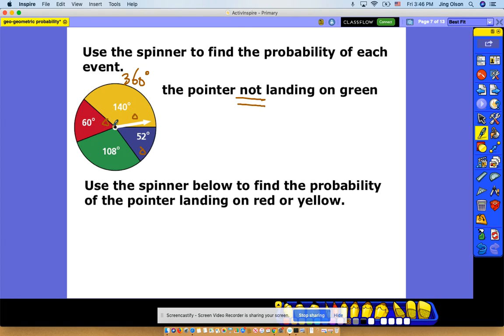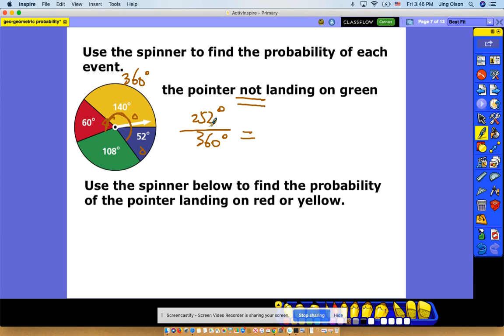If you add them together, 60 plus 140, that's 200. 200 plus 52 is 252 degrees. If you do 360 minus 108, that's also 252 degrees. So these 3 sections are 252 degrees out of the total 360. If you want to leave this one as a decimal, that's okay.